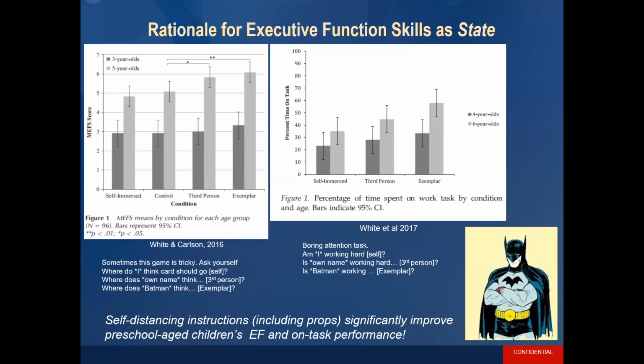And if you look at the figures, what they've pointed out is that when you don't reference yourself, but you reference yourself in third person, or especially if you engage Batman, you do better on tasks than kids who didn't have that instruction.